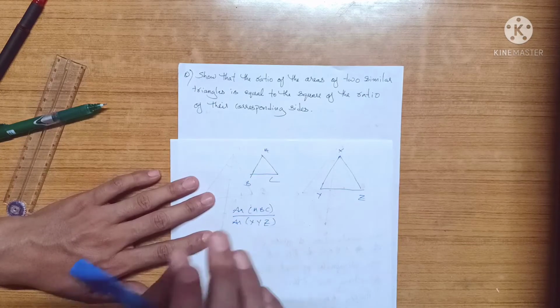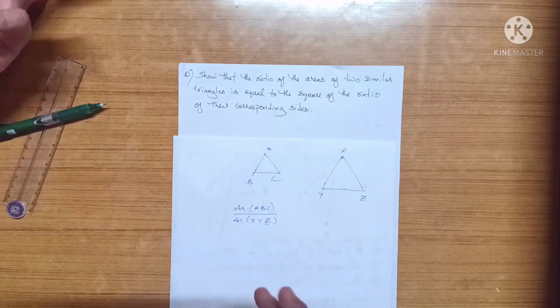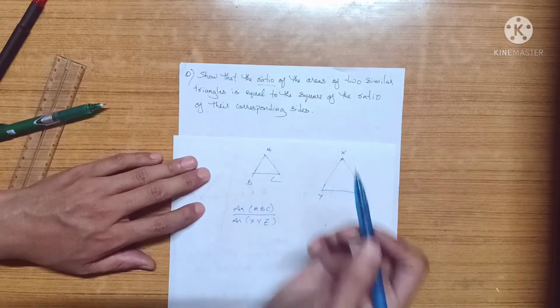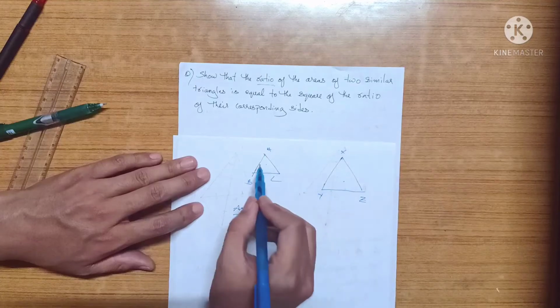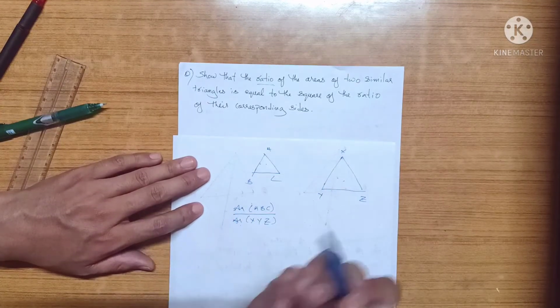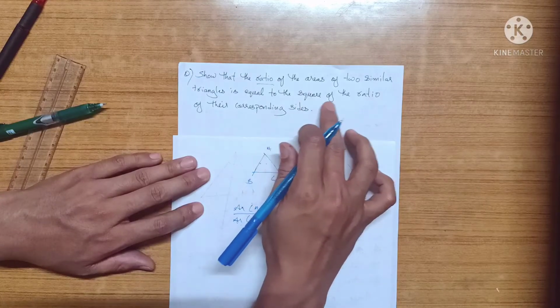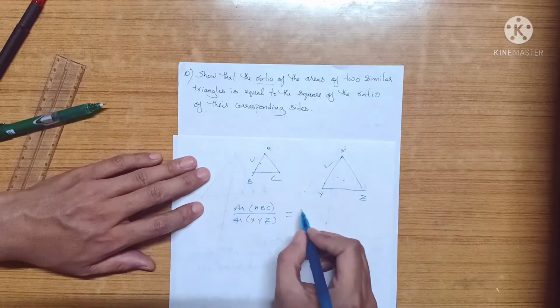So ratio means divide. Whenever you're dividing two things, it's called the ratio of those. So ratio means division of the areas of two similar triangles, and that is equal to the squares of the ratios of the corresponding sides. Corresponding sides means AB, XY.